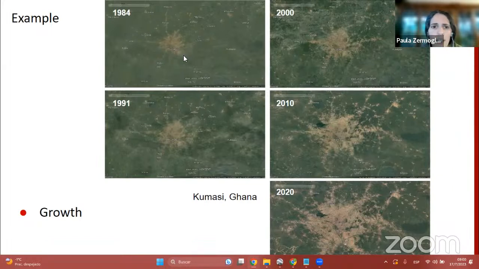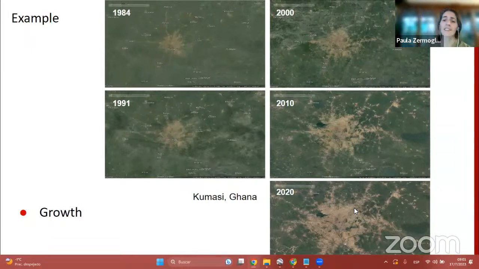And moreover, before we could tell easily or pseudo-easily the difference between Kumasi town and all the surrounding towns. Nowadays, those limits are quite more diffuse.